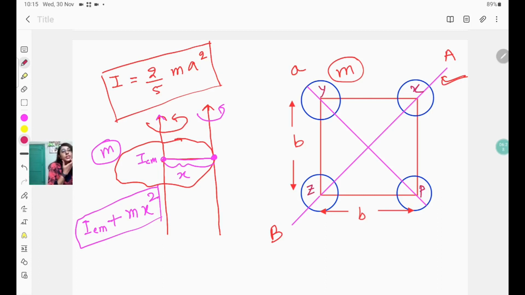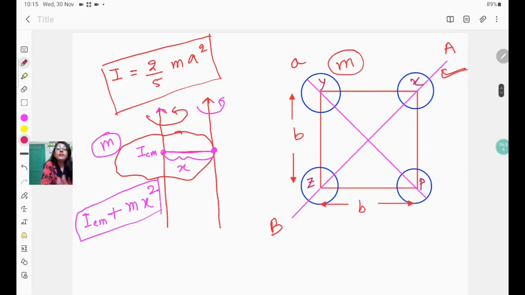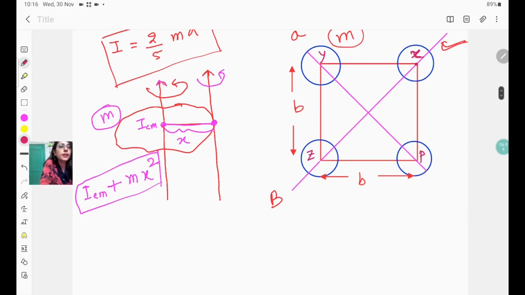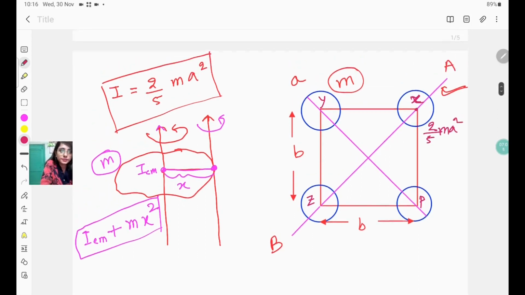So the moment of inertia of the sphere named x will be, as we have taken the axis of rotation AB, and this axis also passes through the center of mass of the sphere x, the moment of inertia about the diagonal AB for the sphere x will be 2 by 5 m a square, right?